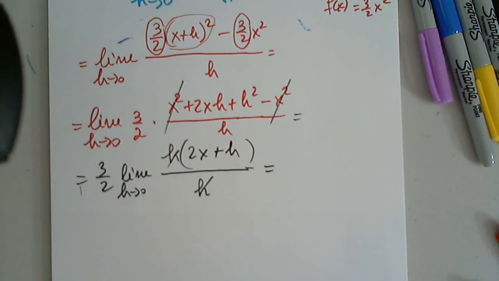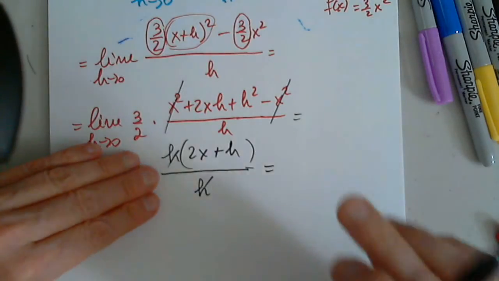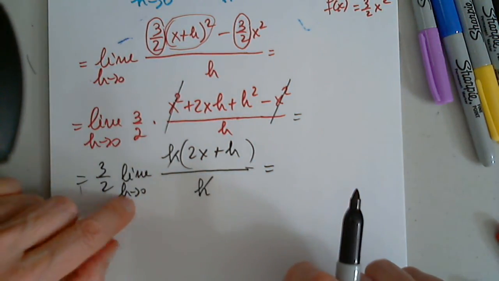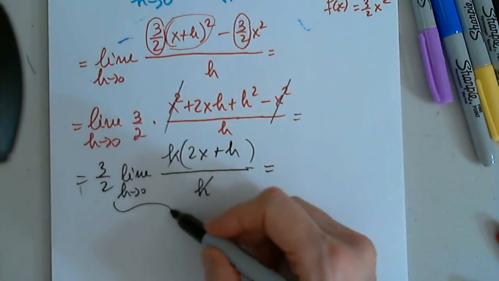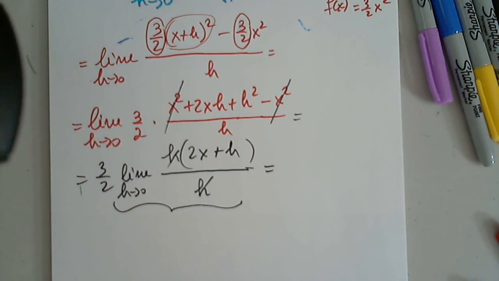And now what is the limit? 2x plus h? I'm not sure if that's right. But see, this is not the difference quotient. This is the limit of the difference quotient, and we know how to determine the limit. How much is the limit?